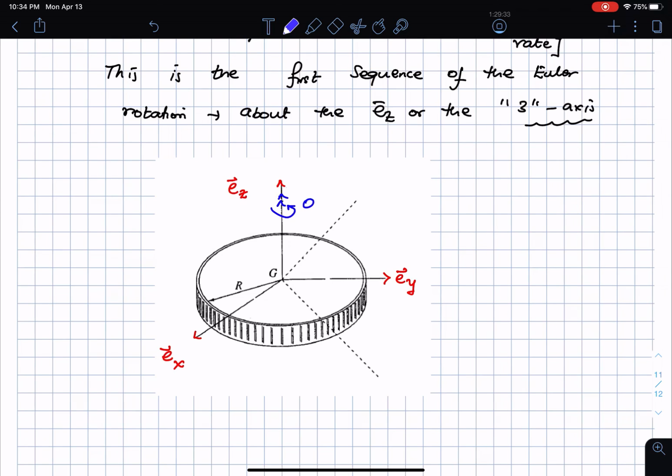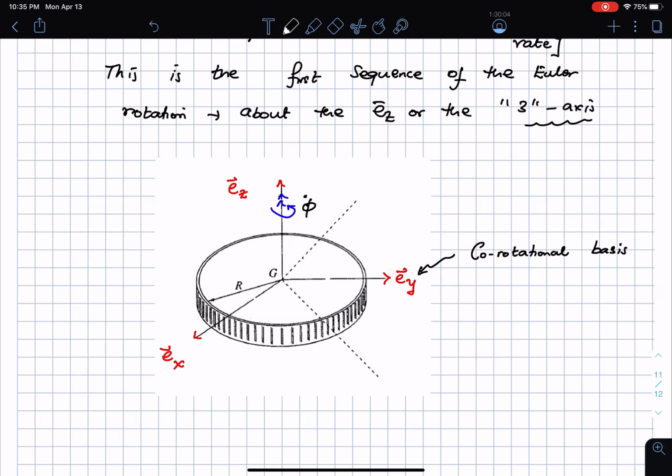Let me write that in the black color. Okay, this is the rate phi dot, which means that if you look at EX and EY, they form a co-rotational basis of unit vectors. I'm going to label what that means. Okay, so this is called a co-rotational basis, which means that this is essentially a set of basis vectors, unit vectors that rotate with the body.